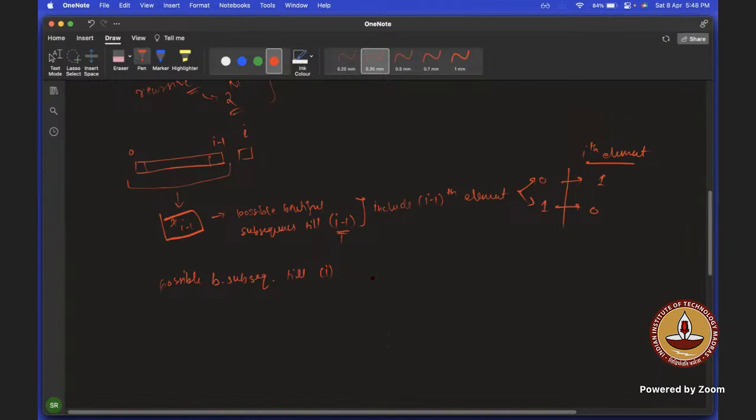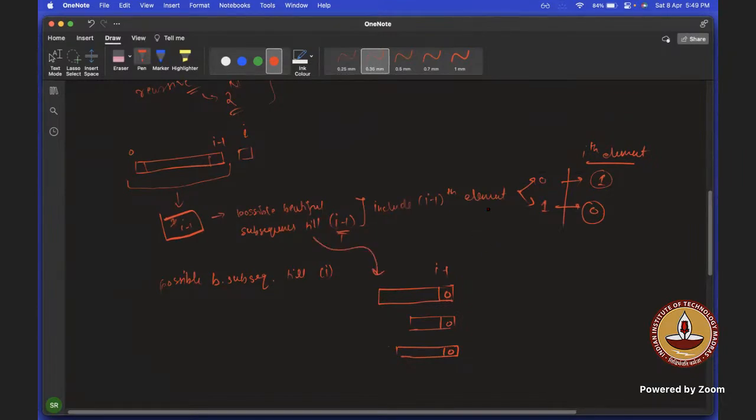Now, if you have all the subsequences that end with 0, all subsequences, what you want to do is append the ith element to that particular subsequence. I'm assuming I minus 1 is 0 right now. So on a subsequence that ended with 0, and this was the I minus 1th element, and these were all the subsequences for that.